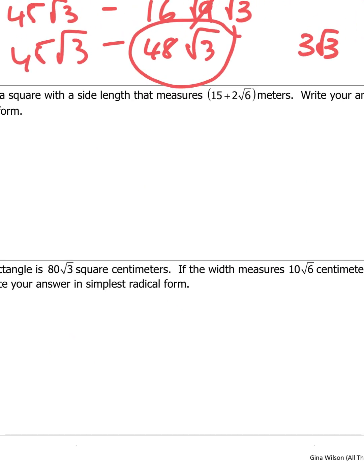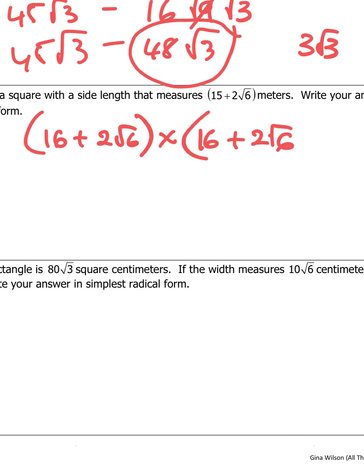Alright, find the area of the square with the length. Okay, so when you do the area of a square, basically it is a rectangle. You do base times height. So we have 15 as the base, and then the height is also the same thing. So you will multiply this. Okay, you have that. All right, so you can FOIL them.